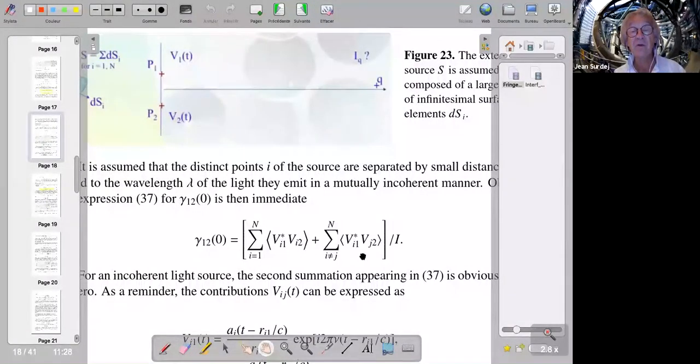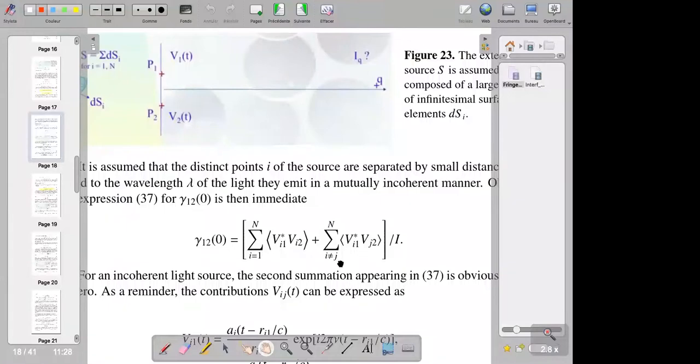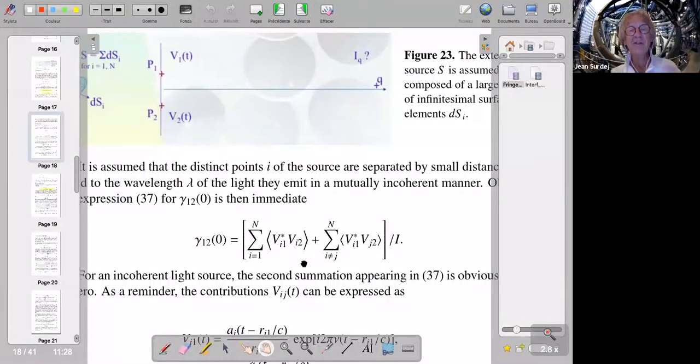There are cross products where one summation is over the same element I of the light arriving at aperture 1 and 2, and the second summation is for I different from J. It means you're considering two different source elements which emit light in an incoherent way, which means there would be no interference possible between the light. So on average, this term would be equal to 0. What is left over is just this contribution.